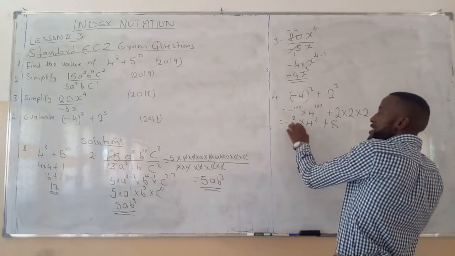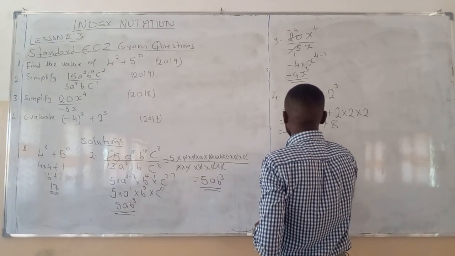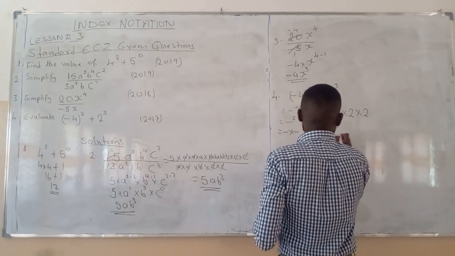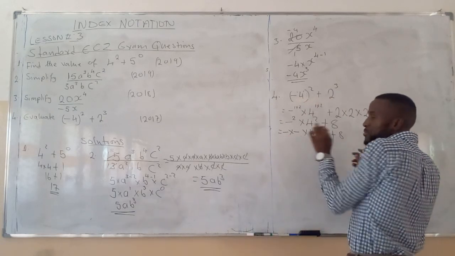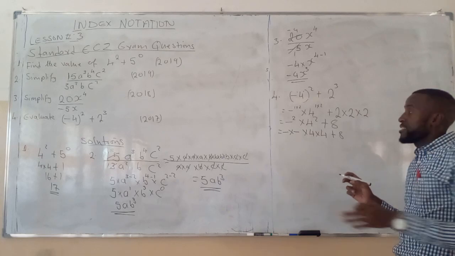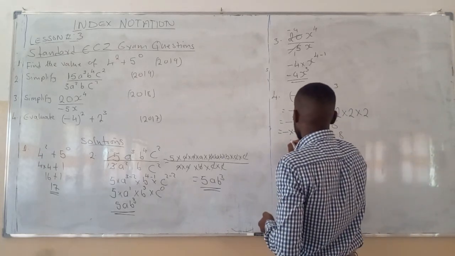Now, negative raised to power 2 simply means negative times negative times 4 times 4, plus 8. What is negative times negative? Remember, we looked at this in grade 7. Negative times negative, what is the answer? The answer is positive.